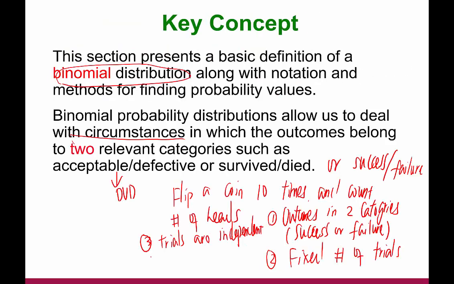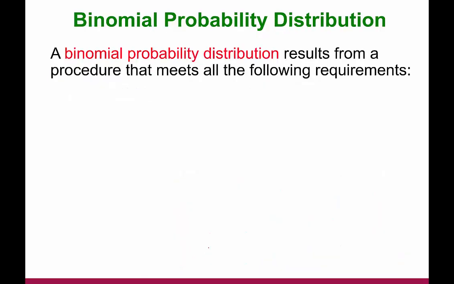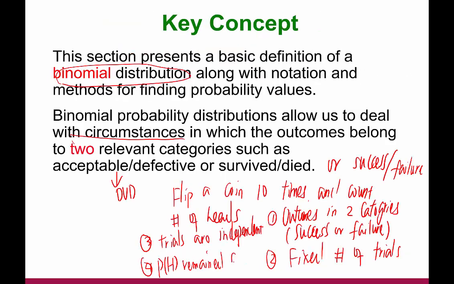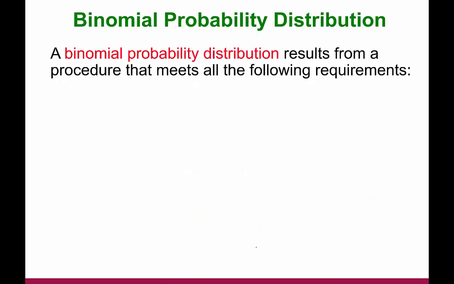Also, the last condition is that the probability of success, the probability of head, remains constant throughout all trials. The probability of head remains the same. So those are the four basic requirements for the binomial probability distribution.